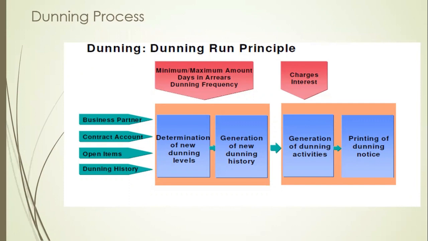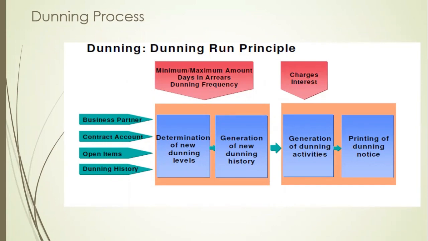So as in the last diagram, we explained that the minimum and maximum amount, arrears, charges, interest, everything need to be applied based on the business partner and contract account, which is linked to the dunning labels, and dunning labels get generated based on their history. If they have not paid, the dunning procedure gets generated, and at each label we are adding something.